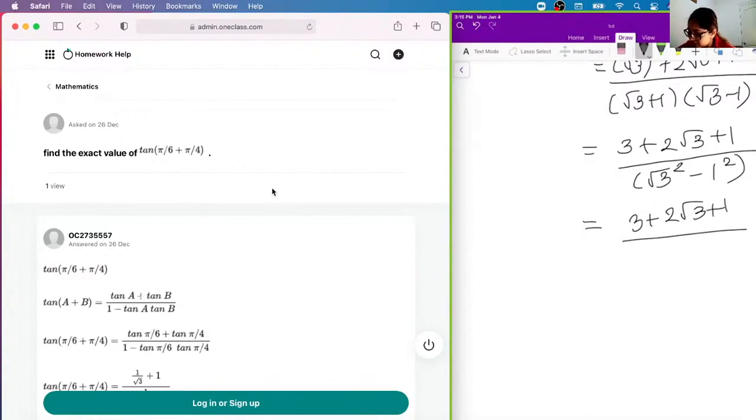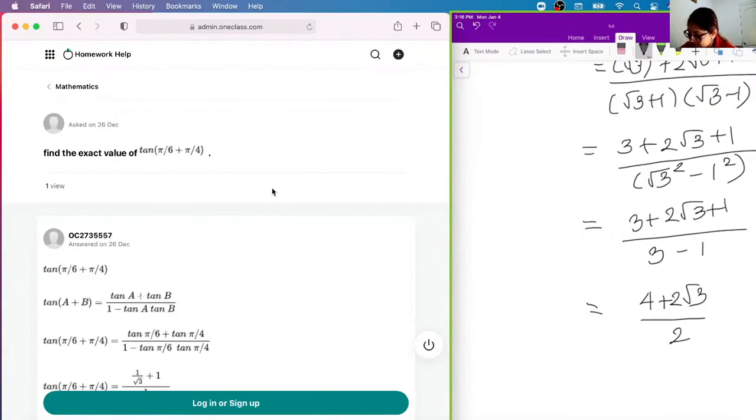If you square a root, the root gets cancelled out with the square and you're just left with that number, so 3. 1 squared is 1, and then we have 3 minus 1. So on top you have 3 plus 1, which is 4, plus 2 root 3, and in the denominator you have 2.